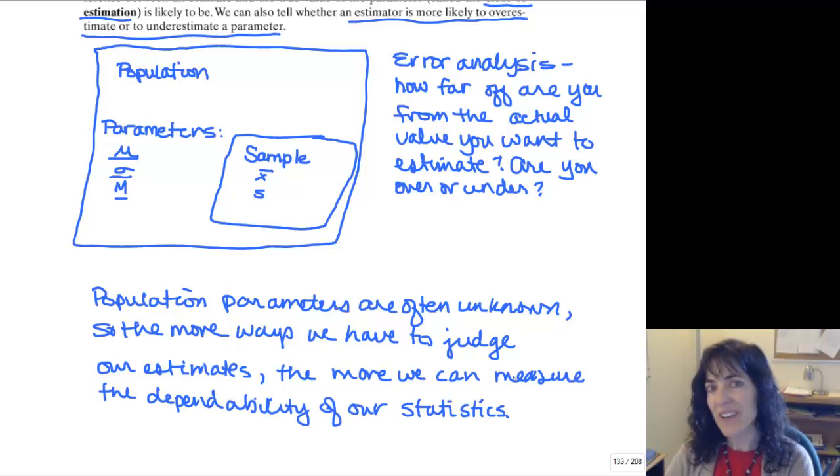And if you're doing an ethical job at doing statistics with a large set of data for a company or for research or wherever you end up using your statistics, the more you can give an estimate of the reliability, the better decisions you can make based on those statistics.